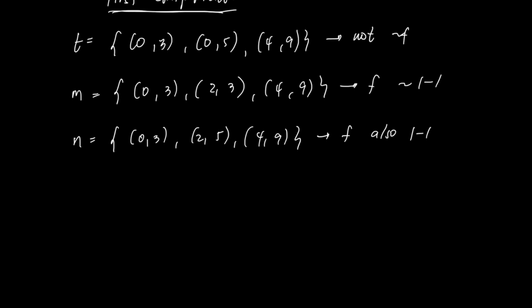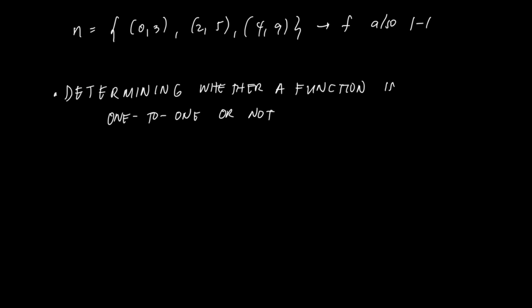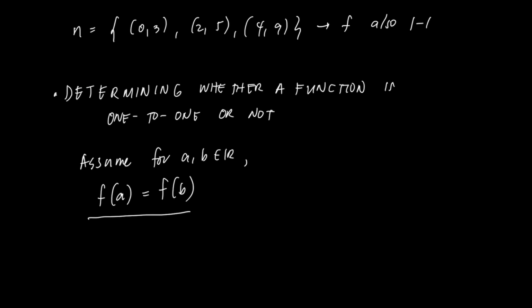So now, based on this definition, this concept of a one-to-one function, how do we determine whether a function is one-to-one or not? To show if a function is one-to-one or not, we just assume, for a, b element of real numbers, that f of a is equal to f of b, and we have to show that a is equal to b.